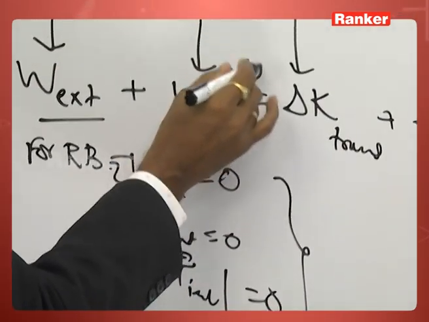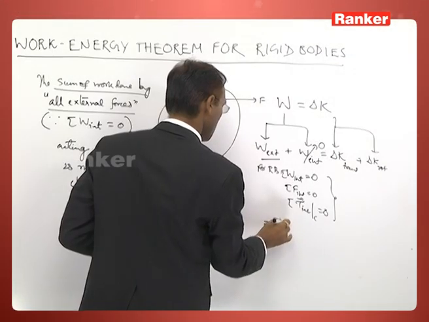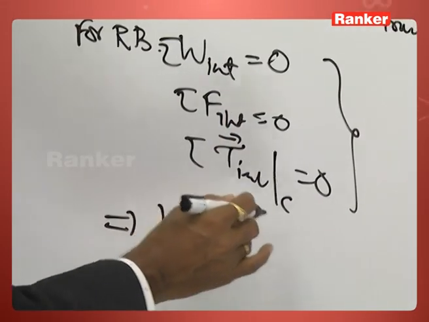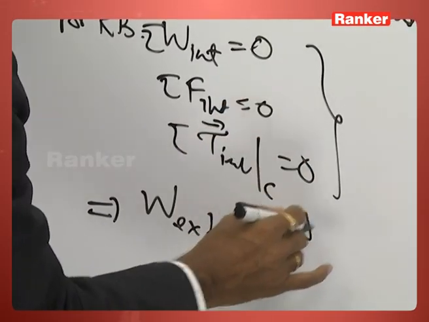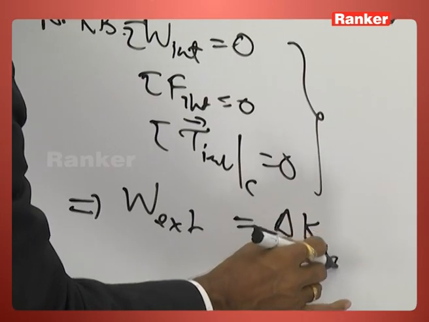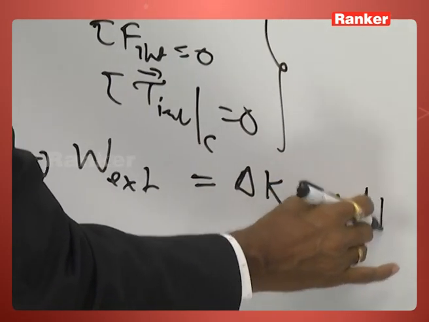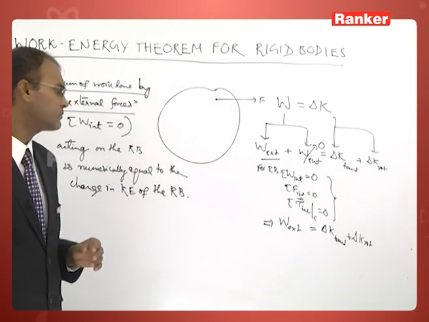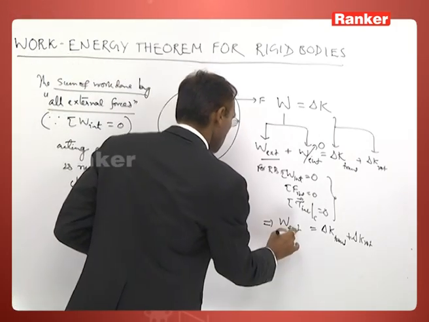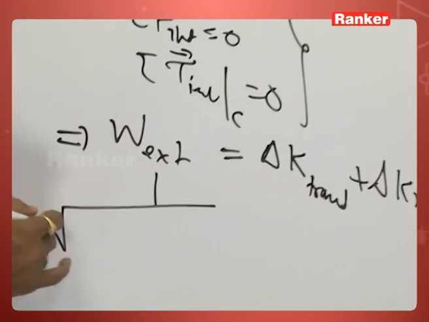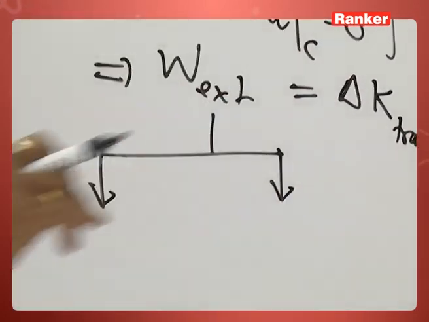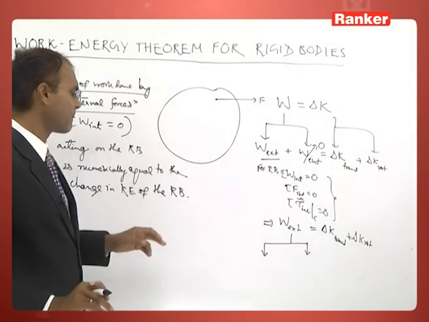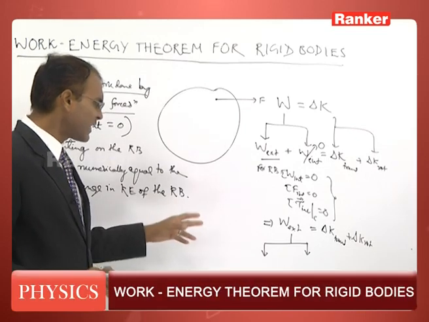When we put it 0, we are left with one term on the left hand side. And on the right hand side, we have change in kinetic energy, translational, plus change in kinetic energy, rotational. And this work done by the external forces can be divided into two parts.